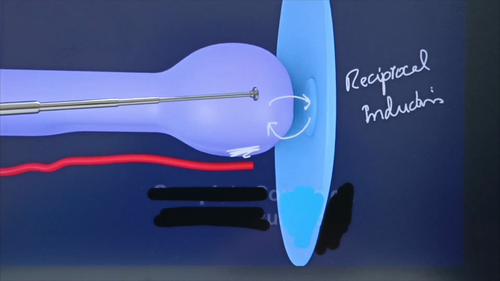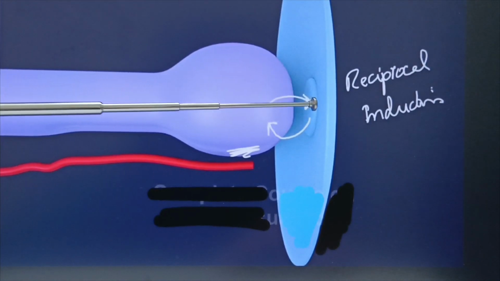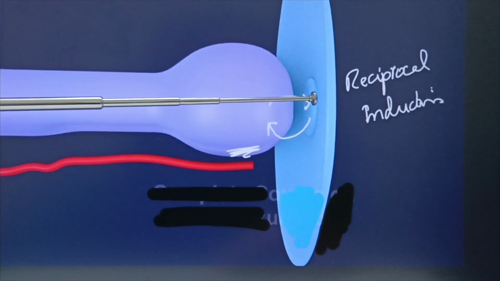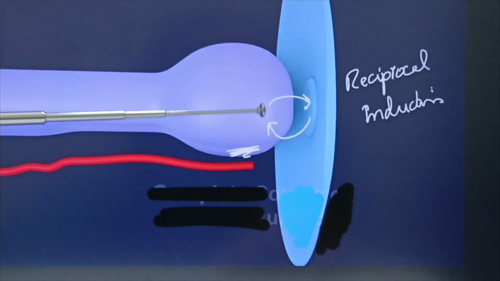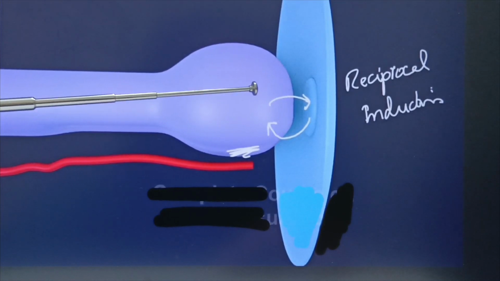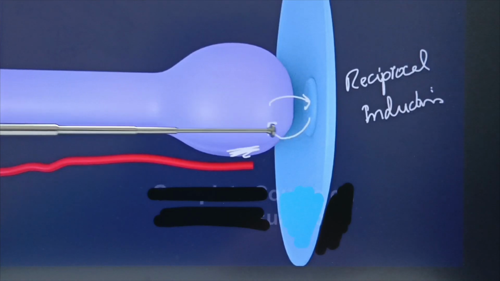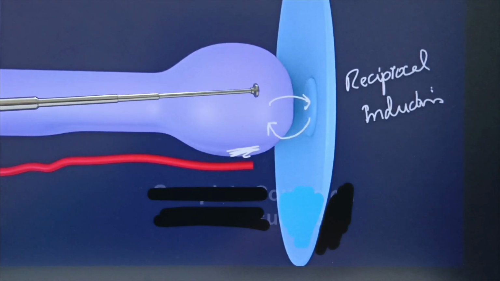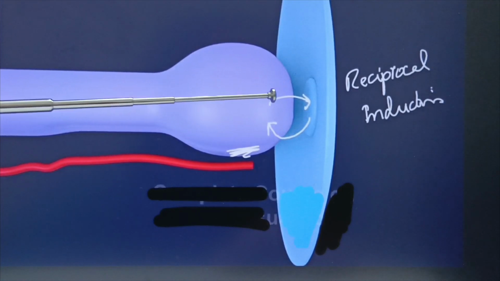See, this optic vesicle has induced the ectoderm, and here we can see a lens placode. And this region is also in turn influencing the optic vesicle to form the optic cup. It means they are reciprocating the induction, and we call such induction a reciprocal induction.